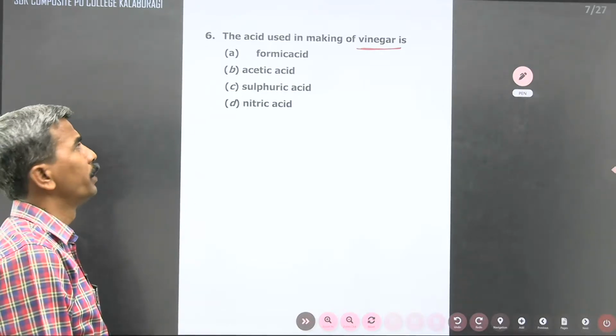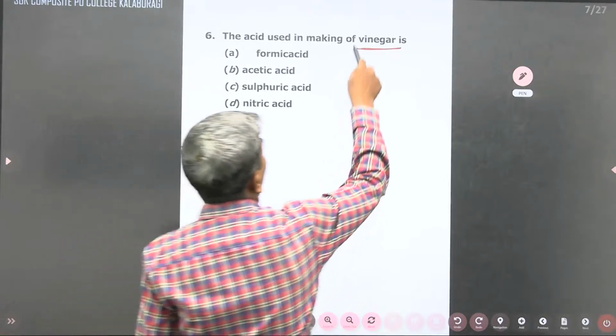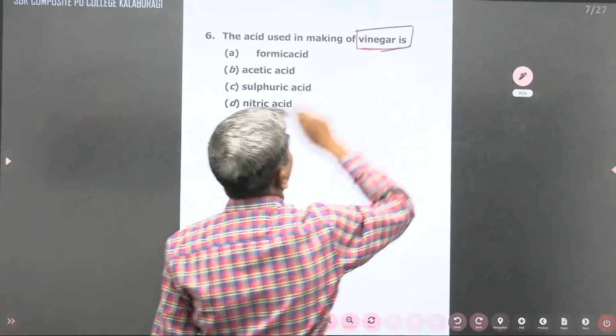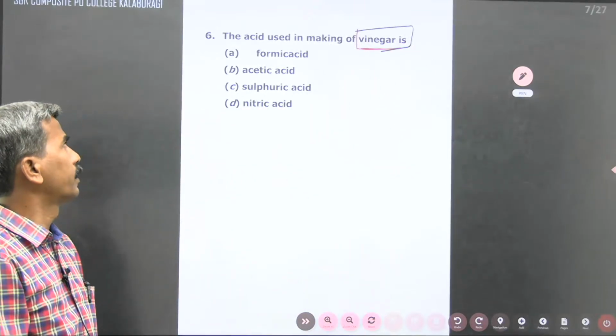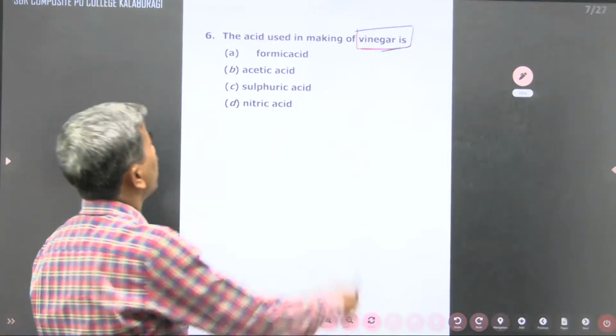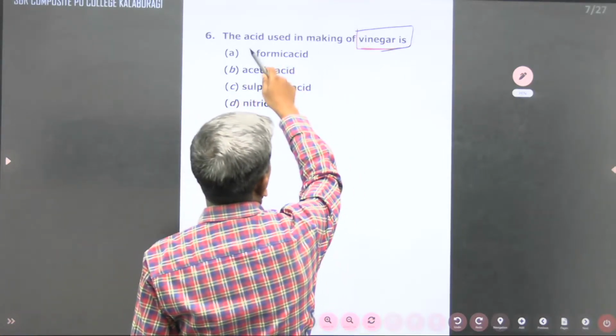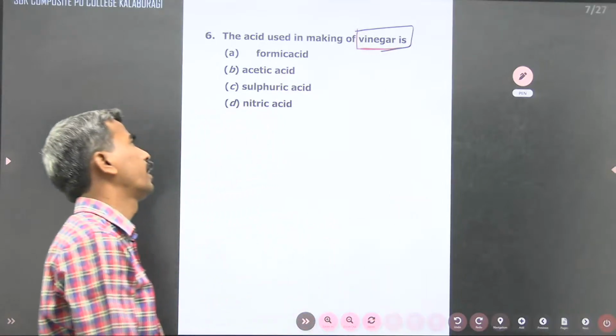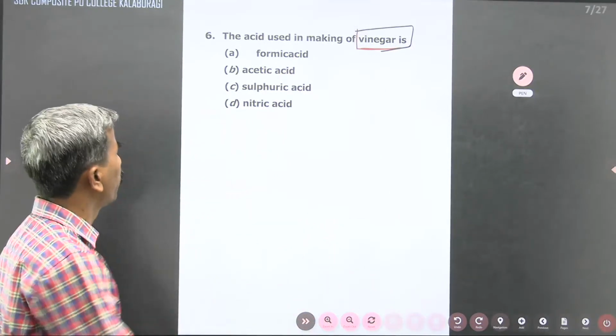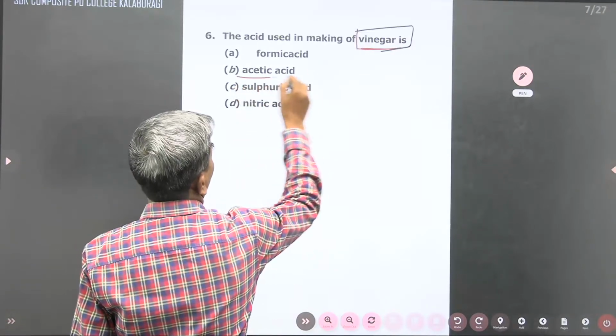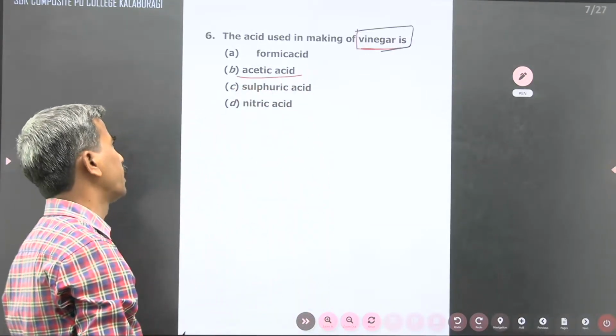This vinegar contains acetic acid. So the acid used in making vinegar is very straightforwardly acetic acid.